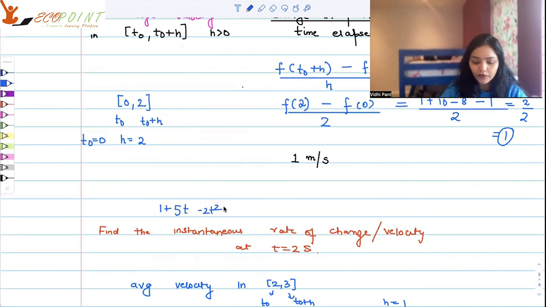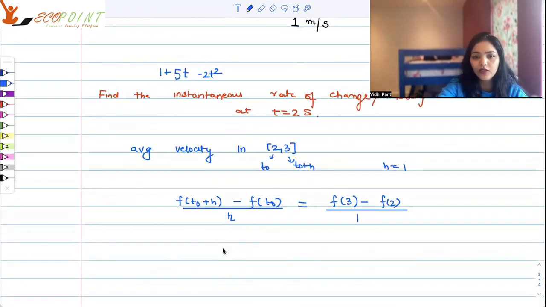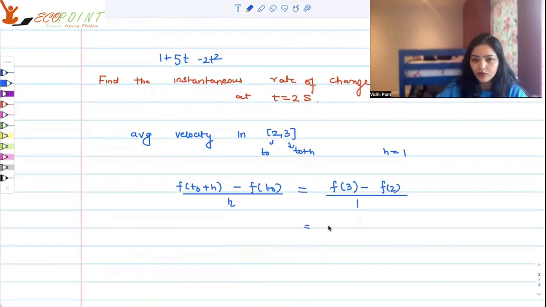If you figure out f of 3, it turns out to be minus 2, and f of 2 turns out to be minus 3. Here you have 1, so that means minus 5 meters per second is the velocity of this particle in the interval 2 to 3.